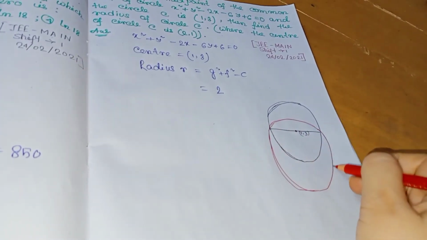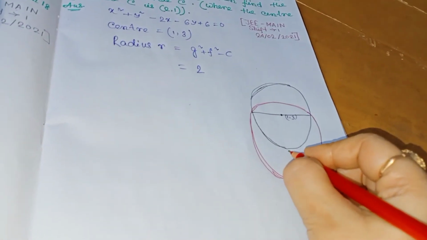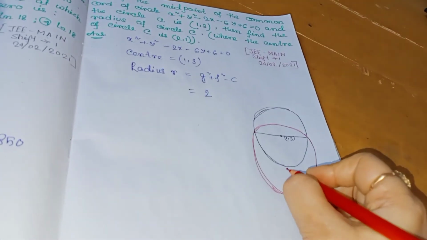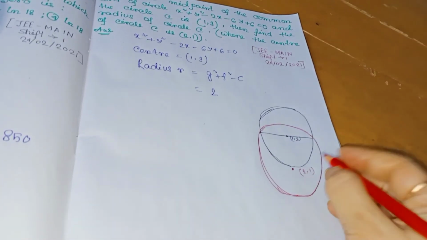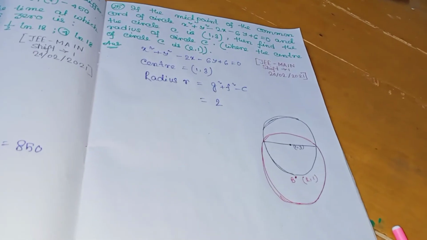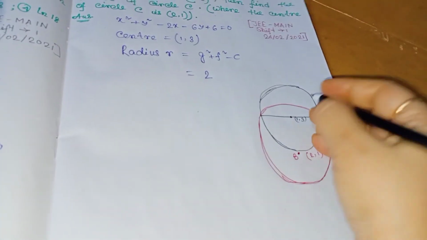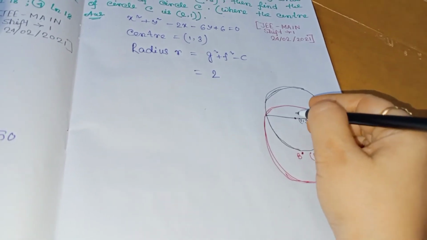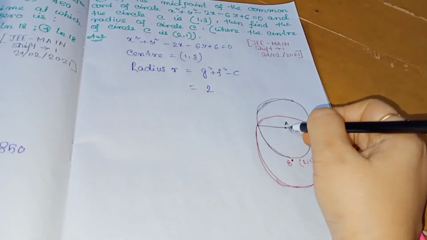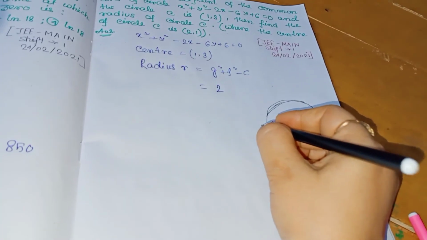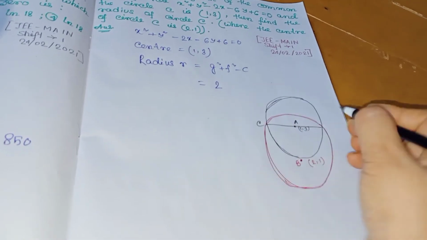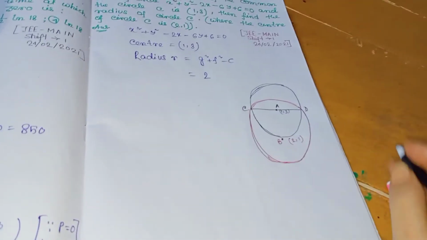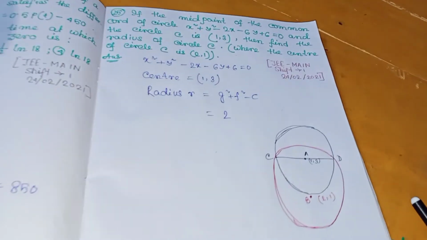So this is our second circle. Here is the center of the second circle, that is (2, 1), it is B, and here is the first center, A. The chord is given here, with points C and D. CD is the chord.